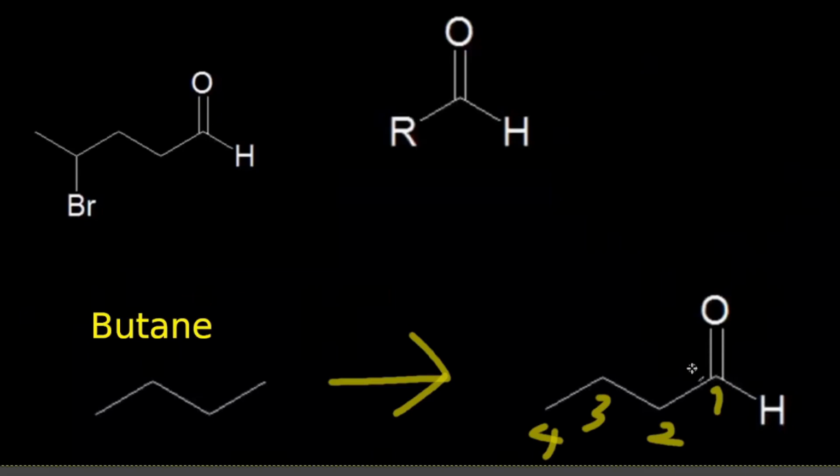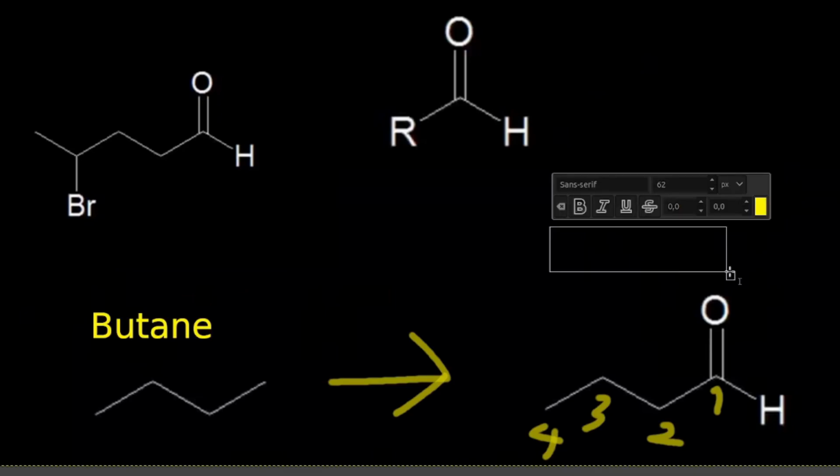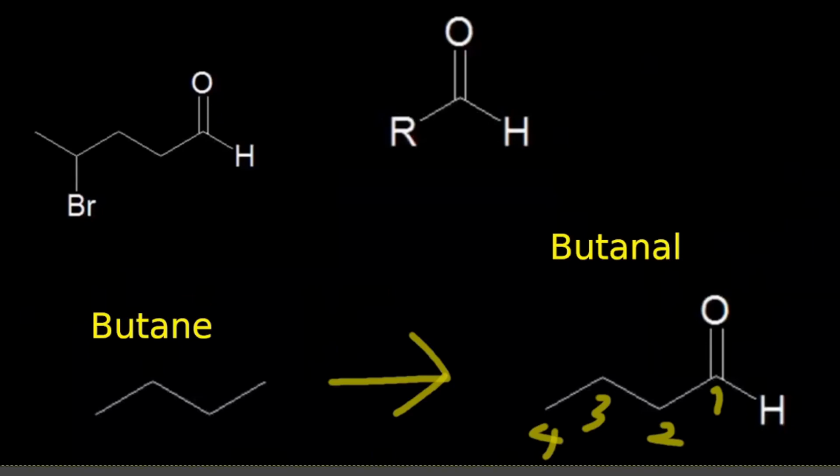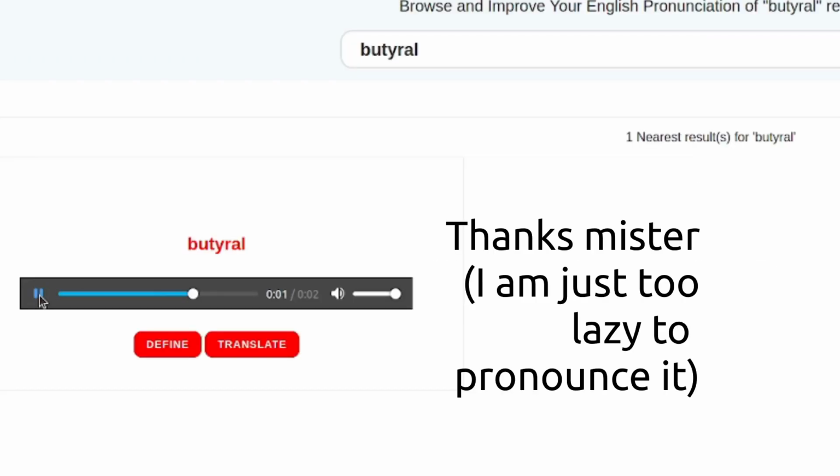If there are multiple of them, the functional group has to have the lowest possible number, in this case 1. So we have a 4 carbon aldehyde, which means that it's butane plus al. Let's write it. Butanal, also known as butyraldehyde.